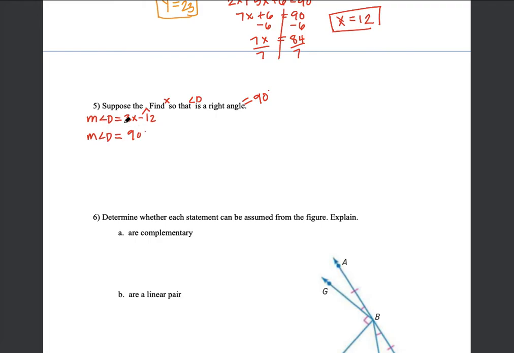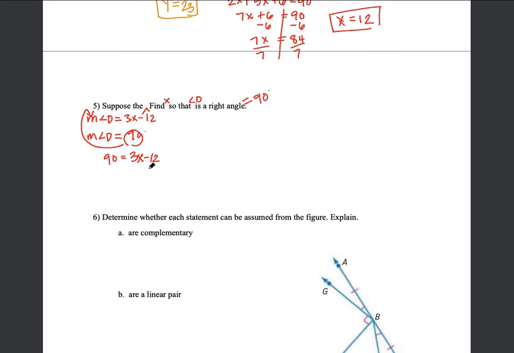Both of these things are equal to the measure of angle D, so I can just substitute it in or set them equal to each other. So I can do 90 is equal to 3x minus 12. I'm taking this value and I know that it's equal to the measure of angle D, so I'm plugging it into this equation over here. That's all I'm doing. Okay, I'm setting them equal to each other.